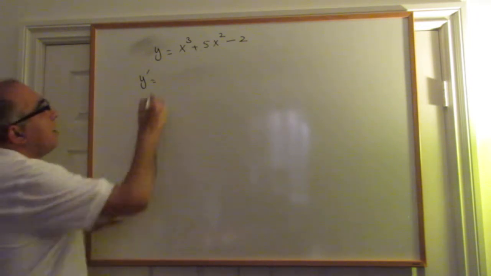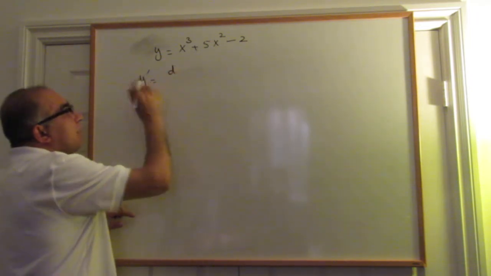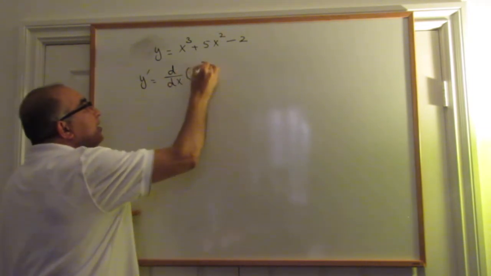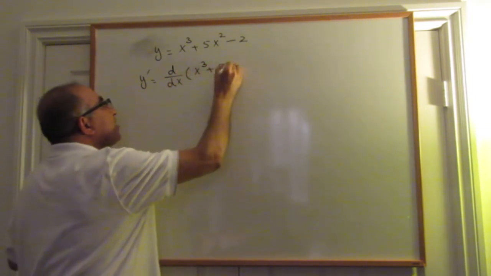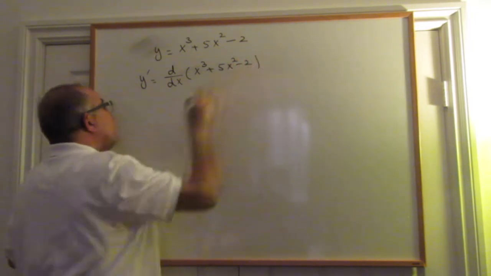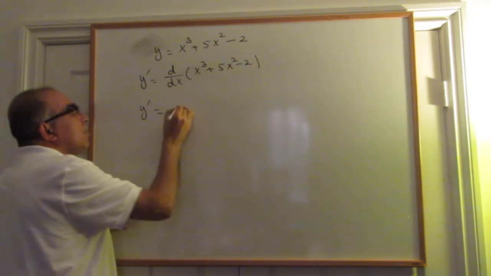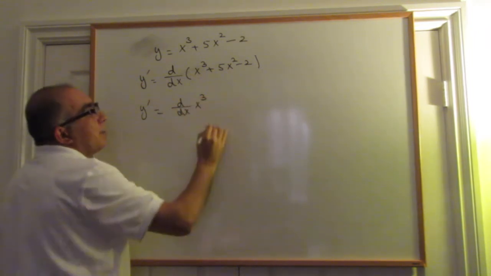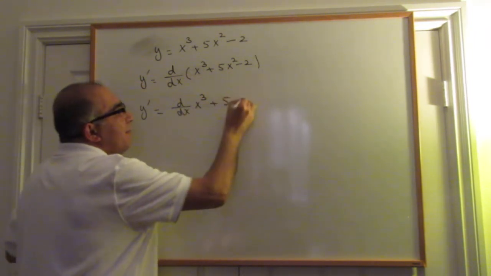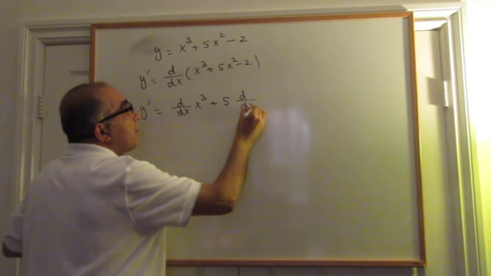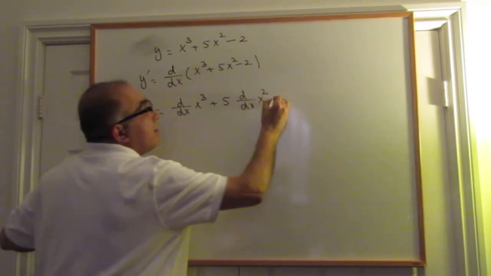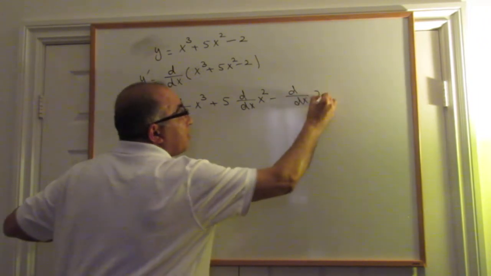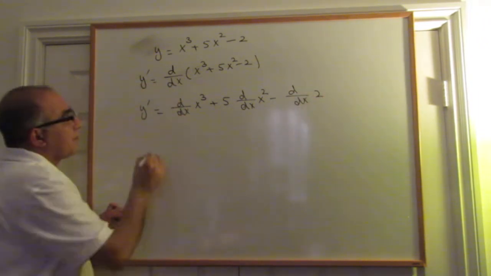Based on the rule, I can write this one, y prime equals d dx of x cubed plus 5x squared minus 2. Then y prime equals d dx of x cubed plus 5 d dx of x squared minus d dx of 2.